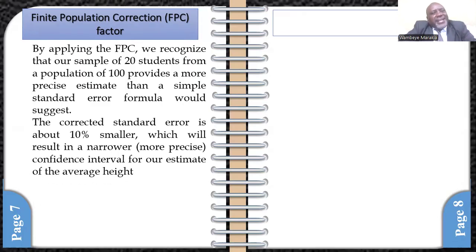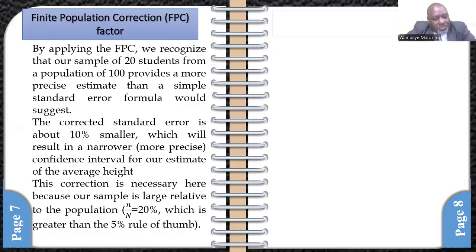The corrected standard error is about 10% smaller, which will result in a narrower, more precise confidence interval for our estimate of the average height.